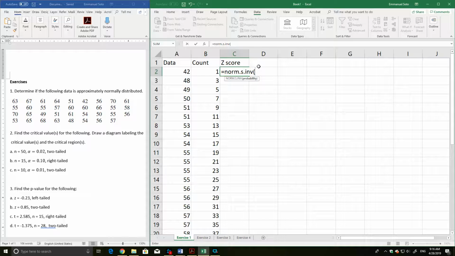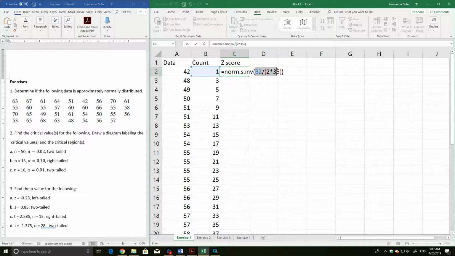The formula for the probability is you take your count, so you click on that cell, divided by parentheses, twice your sample size. My sample size here is 35, since I have a total of 35 data numbers here. Close the parentheses one more time.